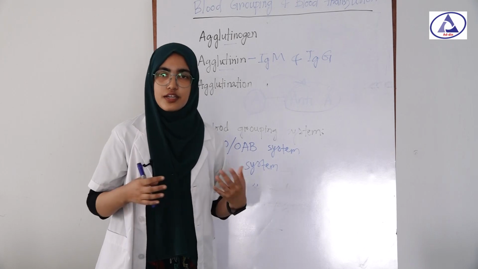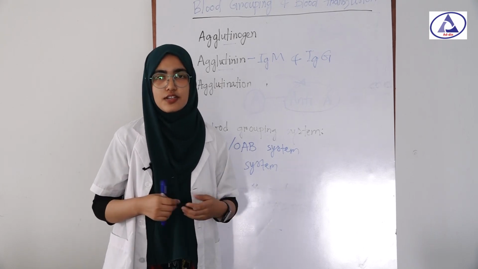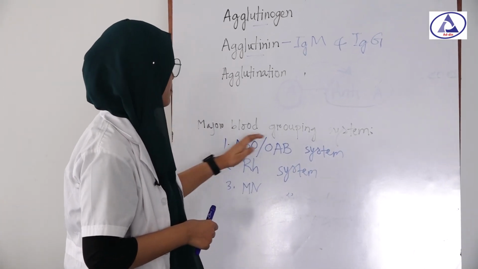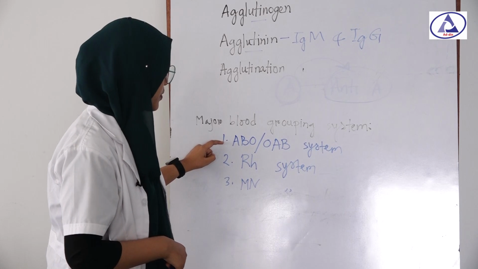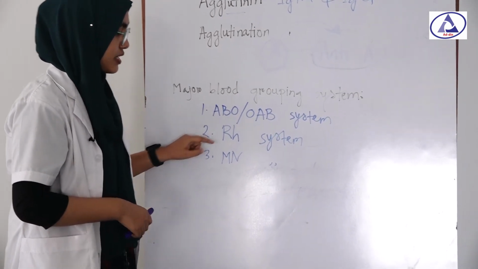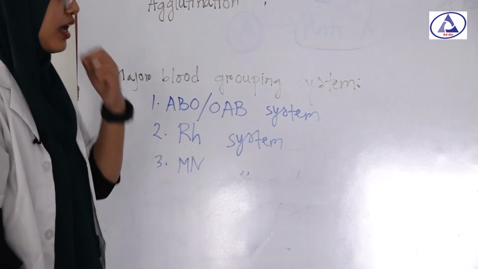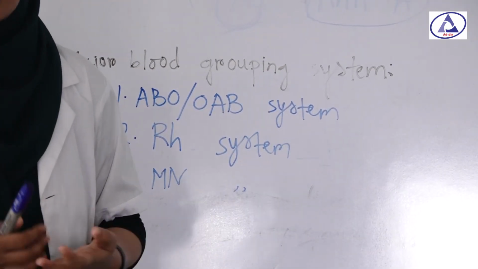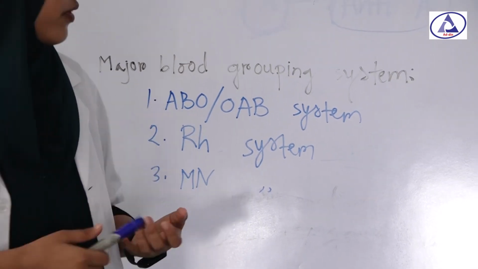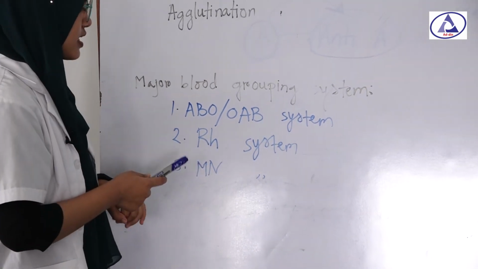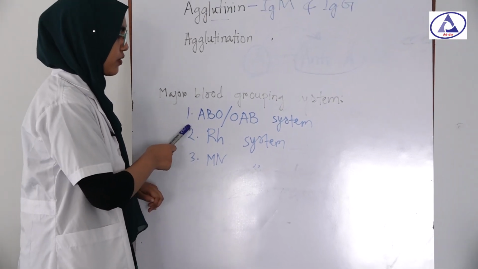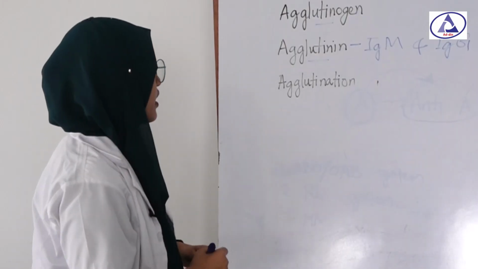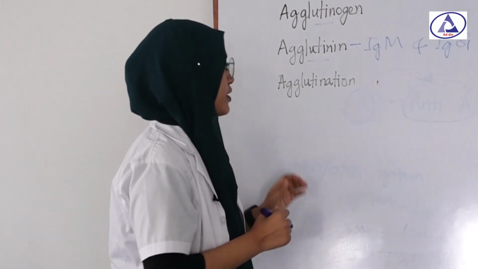There are 30 occurring antigens on the RBC membrane, but we classify them. The major blood grouping systems are the ABO blood grouping system, the RH blood grouping system, and the MN blood grouping system. And what are the other minor blood groups? They are Kell, Duffy, Diego, Kidd, Lewis. But in today's class, we will learn about the ABO blood grouping system and the RH blood grouping system.